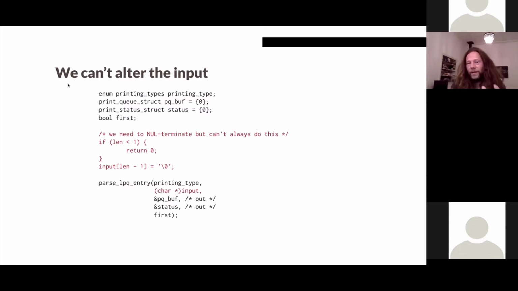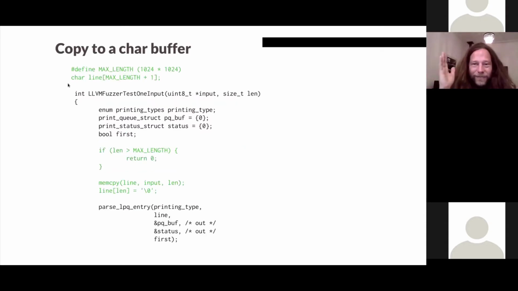It might have a 0 byte somewhere along, in which case to the called function it would look like the line ended there, but it might have none in it, in which case it would walk off the end of the buffer, and it would crash because it's your fuzzer's fault. So you'd think you could just put a null byte at the end, and that would be fine. But no, it doesn't like that. You have to copy it.